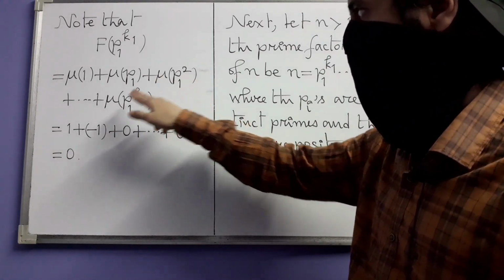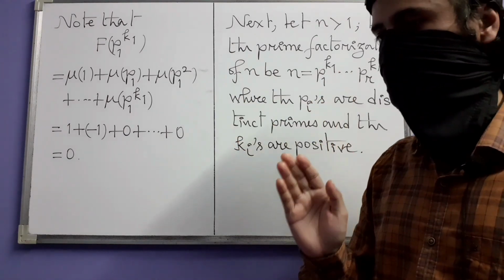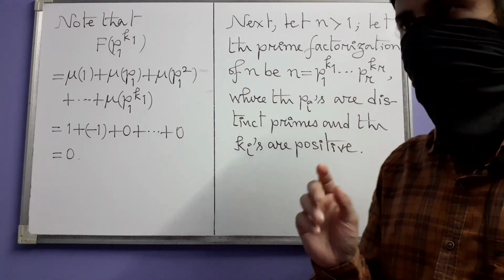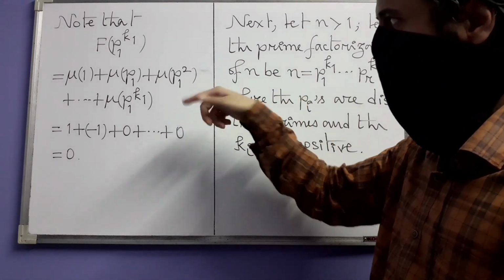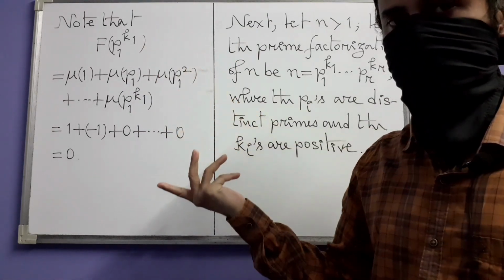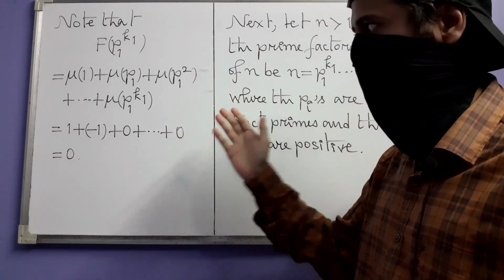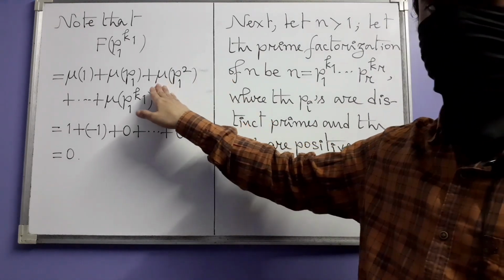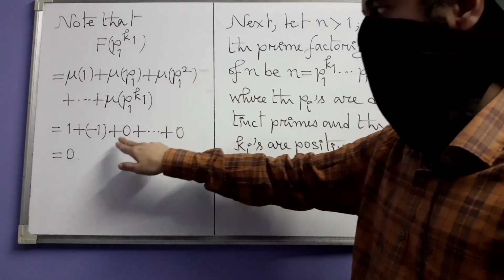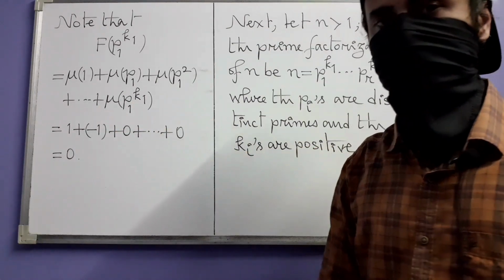The higher powers, however, none of them is square free because each one of them is divisible by p1 squared. These other powers may actually not be there. However, whether they are there or not does not really matter because by the definition of mu, all their mu values are going to be 0. So ultimately we are getting 0.